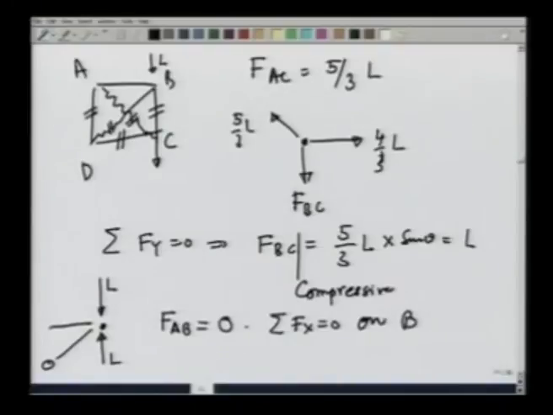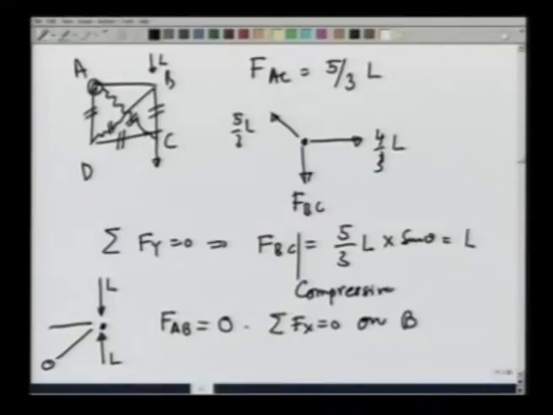So, now we have found all forces, and let us check again at point A whether all the forces are consistent.